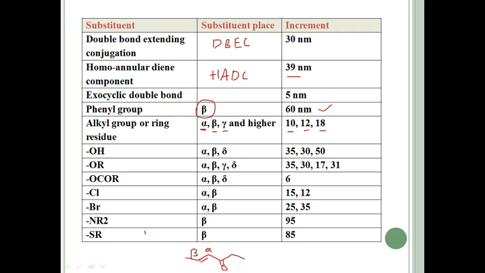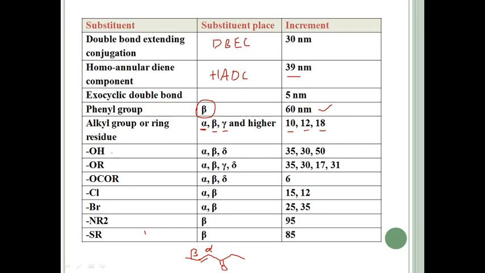For the substitution of alkyl group at beta position, how much increment do we have to give? For beta you have to give 12. That means you have to write the base value for acyclic enone and give the increment for alkyl group at beta position. So this is the way of giving the respective substituents.